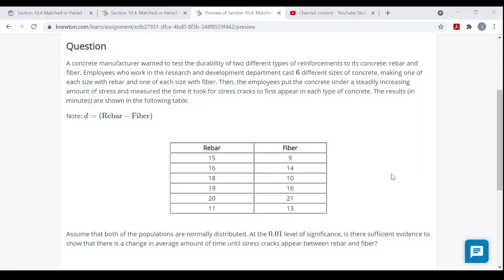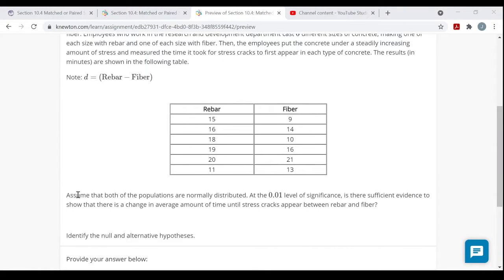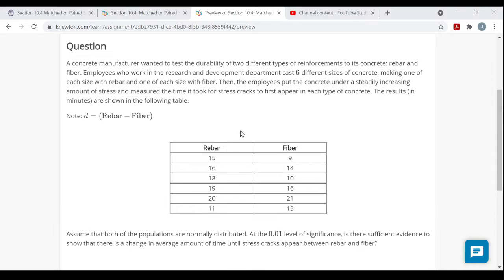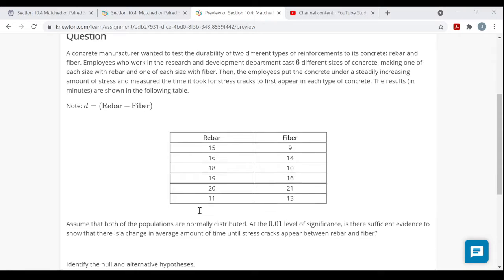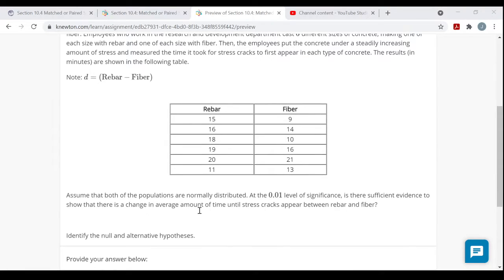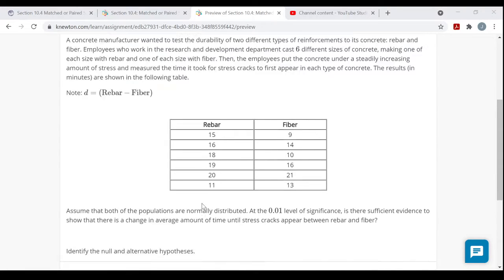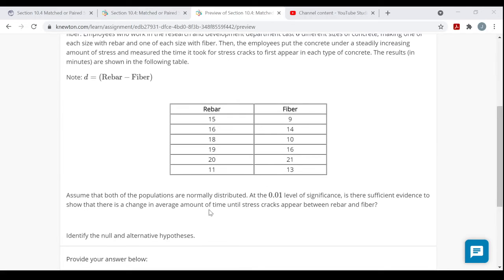Now, they're going to say, assume that both of the populations are normally distributed. So that way it doesn't matter that the size of the sample is small, right? There's only these 6 different sizes of concrete. We'll still be working with a t distribution here with 5 degrees of freedom, because there are going to be 6 differences.